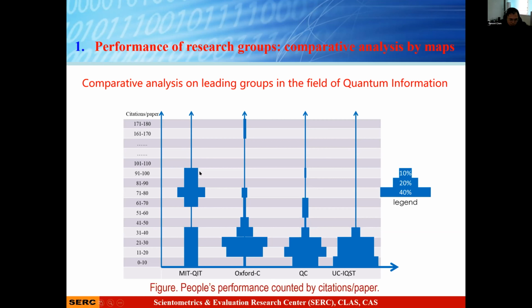It has one person with very high citations per paper, an average from 91 to 100 percent. In the 81 to 90 range there's only 1%, in this region there are 2%, and in some other regions only 1%.